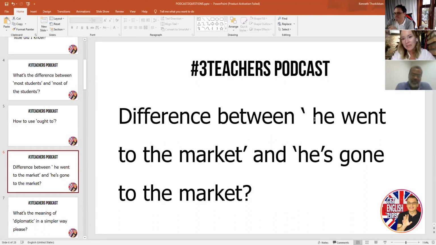When we use present perfect, it always means that there is a certain result in the present. It means he is not at home at the moment. So I would say he went to the market when I tell a story, something that happened a few years ago. And when I say he's gone to the market, it's probably like someone came to visit my grandmother. They knock at the door and say, where is your grandmother? And I would say, she's gone to the market. She's not at home now.